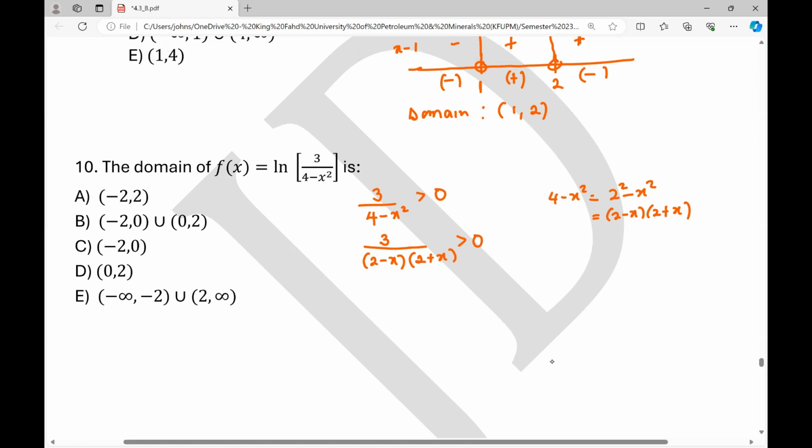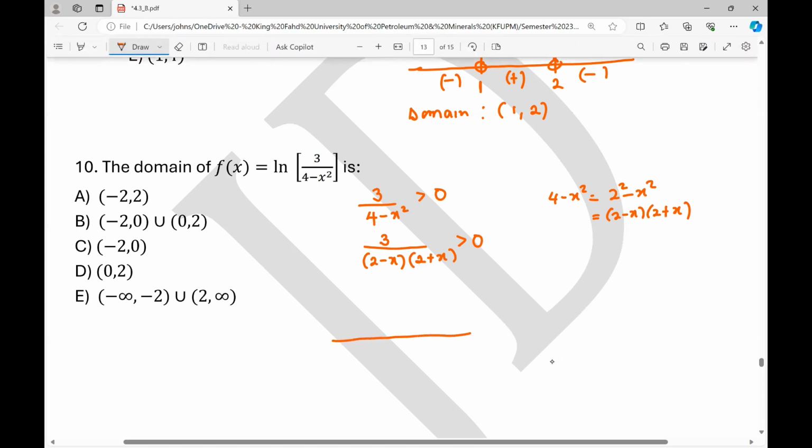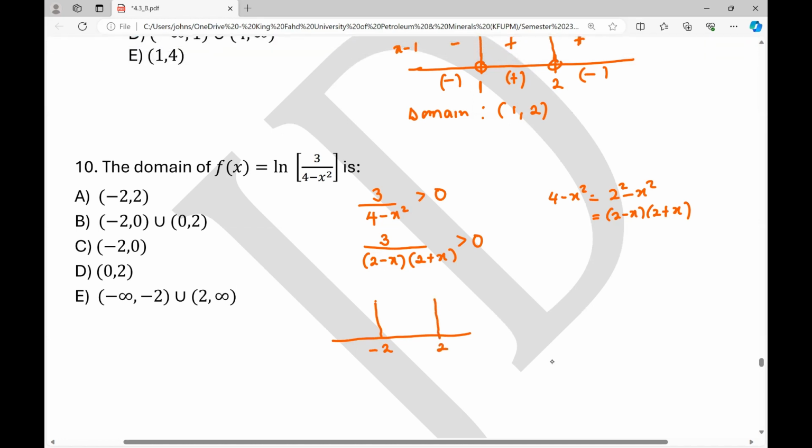So we have our zeros here. There is no zero coming from the numerator, so all the zeros are coming from the denominator, which are minus 2 and 2.